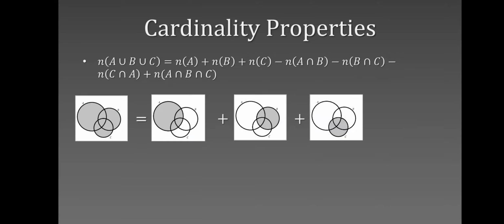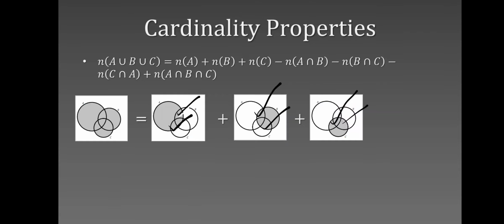Now in this addition, if you notice, I have added A intersection B, sorry, don't mind the color, okay. I have added A intersection B twice, then B intersection C twice and A intersection C twice. So all the intersections I am adding twice, if you can see.